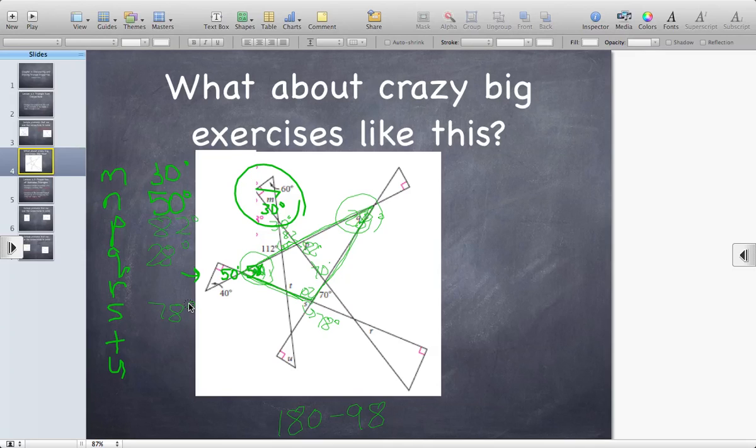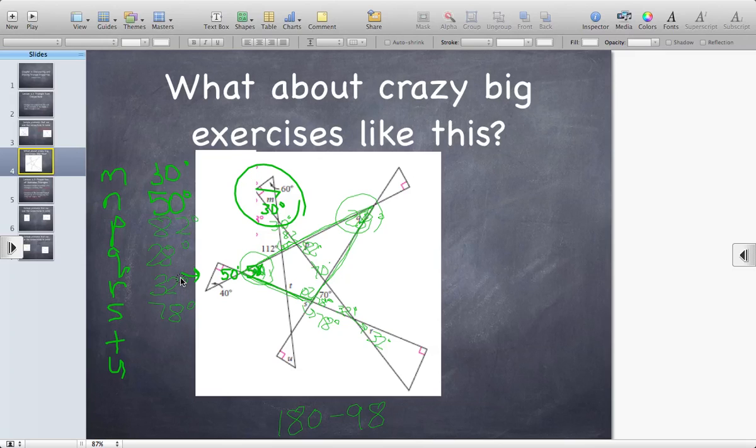And then, using vertical angles again, I can figure out that the angle opposite of angle S is 78 degrees. So I have 70 plus 78, that's going to be 148. So then the difference is 32 degrees for that angle. And then voila, vertical angles coming to save us, 32 degrees for angle R.